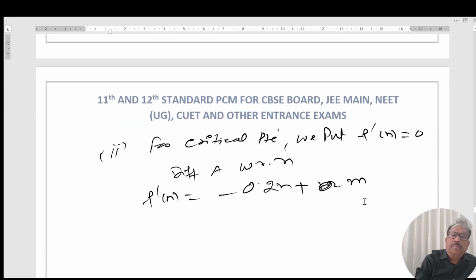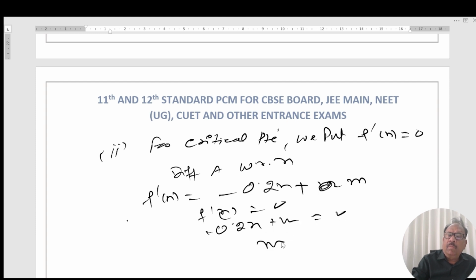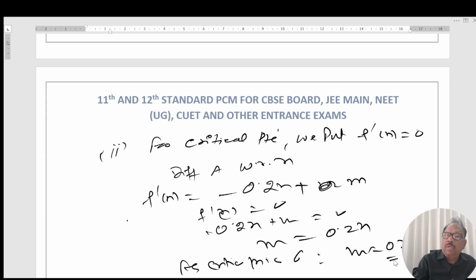So for f dash equal to 0, minus 0.2x plus m equal to 0, m equal to 0.2x. As the critical point is 6, therefore the value of m is 0.2 into 6, that is 1.2.